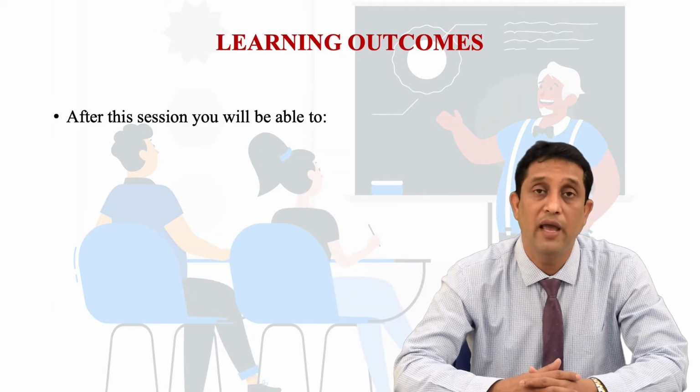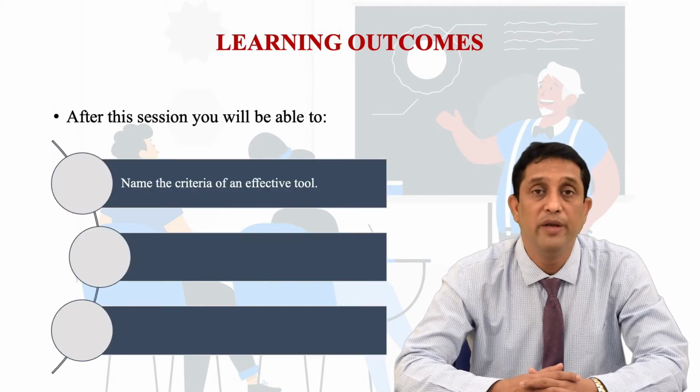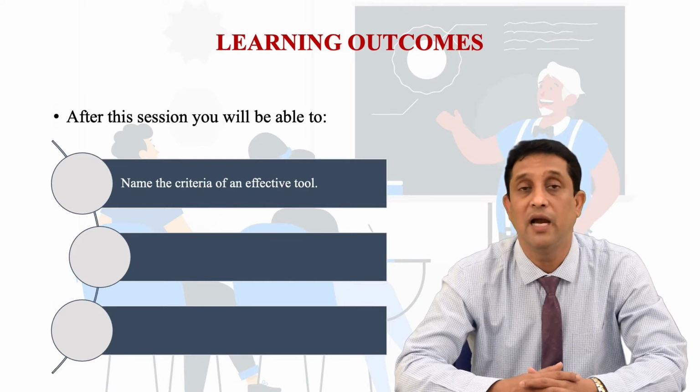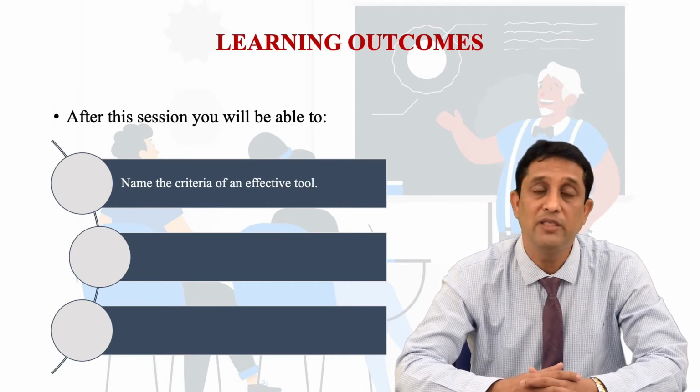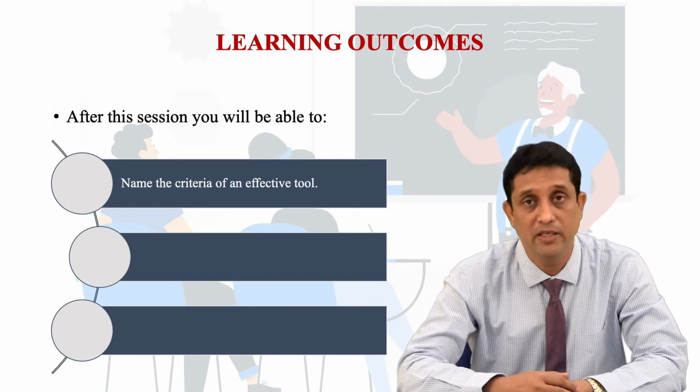So friends, now let us go forward to know what the different learning outcomes of this video lesson are. First of all, after going through this video lesson as well as the part E content given in the module, you will be able to name the criteria of an effective tool, that is, what different criteria you are supposed to establish for developing an effective tool.